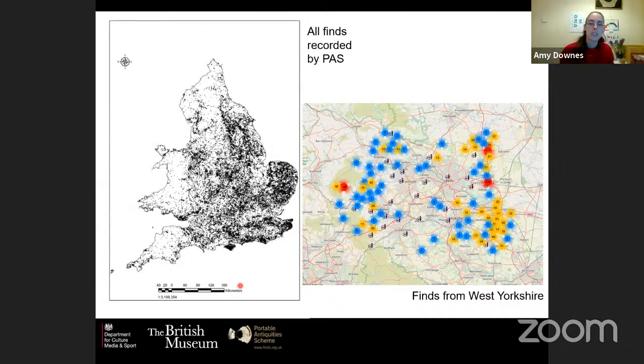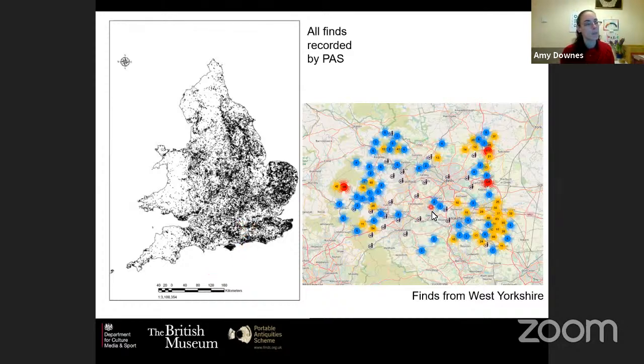The greatest bias is probably a reflection of the access that metal detectorists have to land where they can get permission to detect. So we tend to see as gaps in our data moorland and mountains, places where it's not easy to physically get the metal detector. We've also got holes where there are cities, especially here in West Yorkshire.